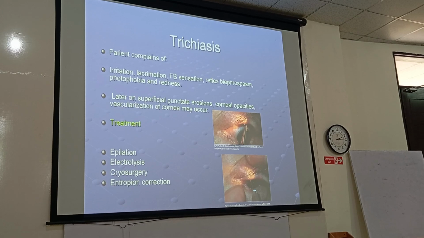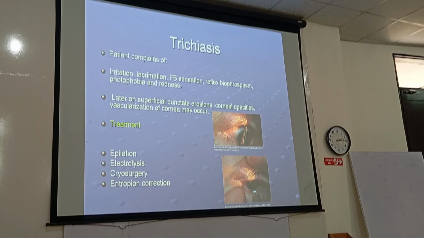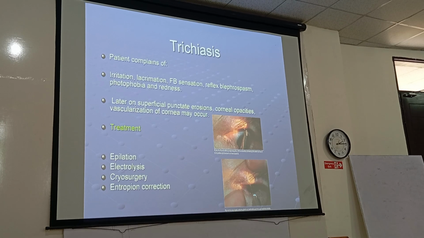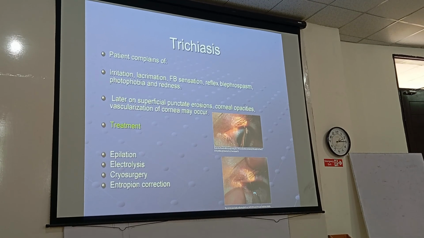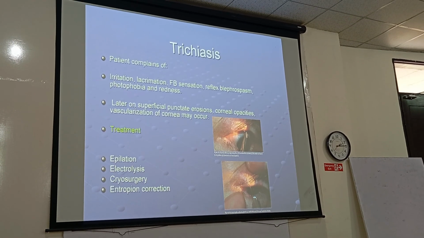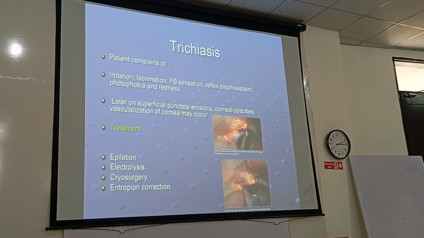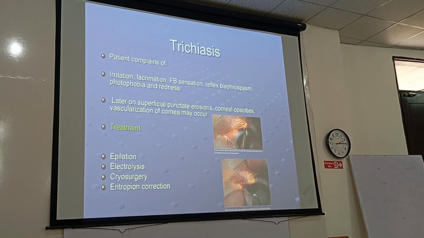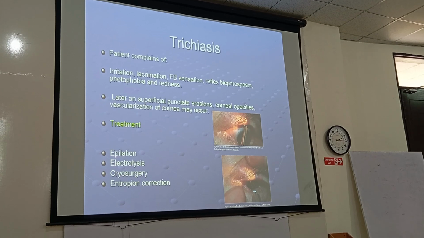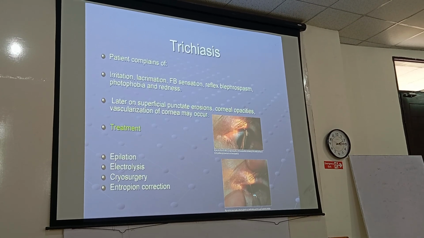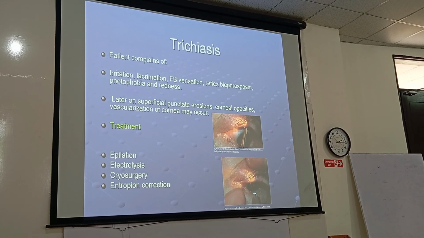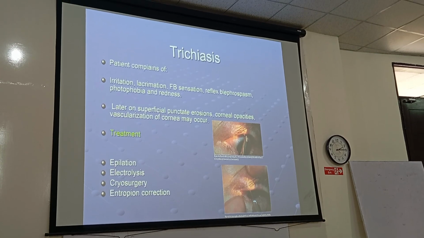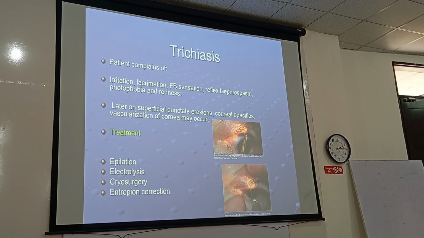And cryosurgery is the opposite of that. That is freezing. There are many eyelashes turning inwards, and it is difficult to epilate each one, or if electrolysis is ineffective, then we apply cryotherapy, a probe which is frozen at almost -60 to -70 degrees temperature, which mechanically destroys the follicles.